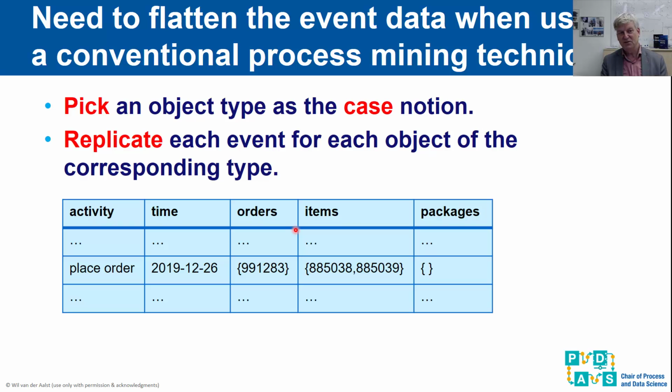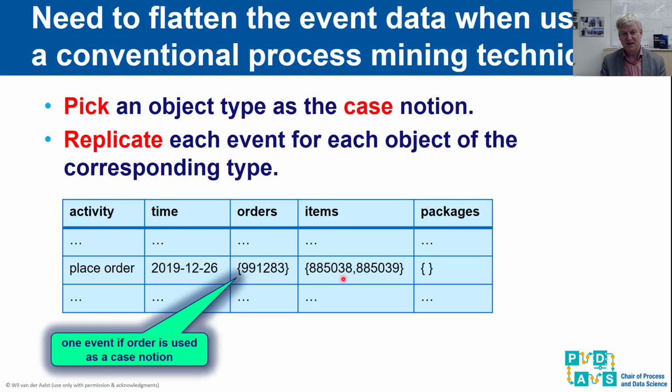We need to pick a case notion if we want to bring it to traditional process mining. That is basically picking a particular column, and then given that column, we replicate the event for each object that appears in that column attached to such an event.